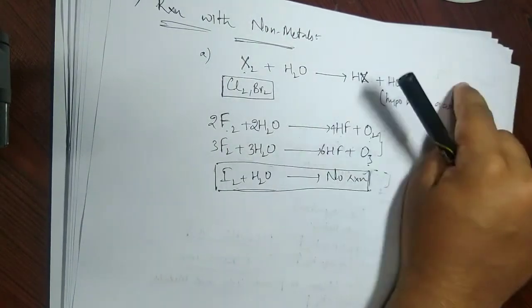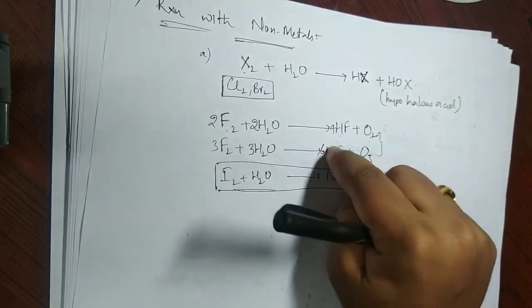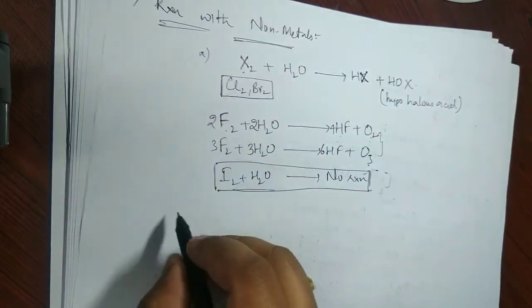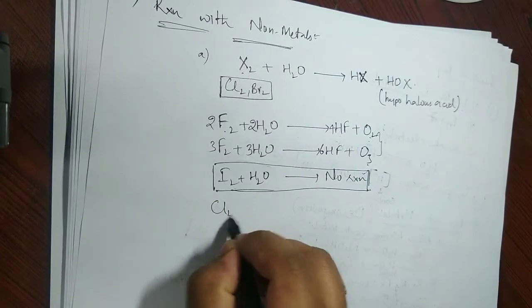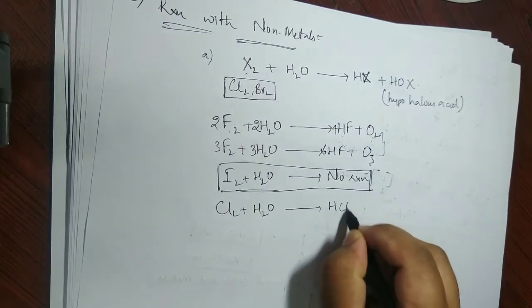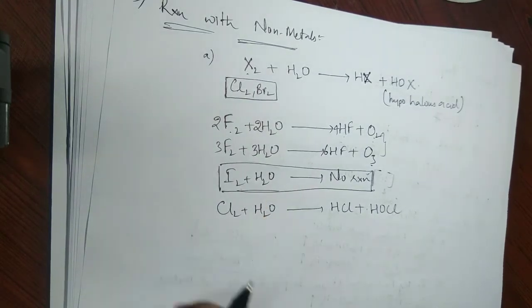The oxygen comes out as O2 and O3, and HF remains as HF. Clear? So if you wanted me to write the example of chlorine, Cl2 plus H2O gives HCl plus HOCl. Now here one more important point.